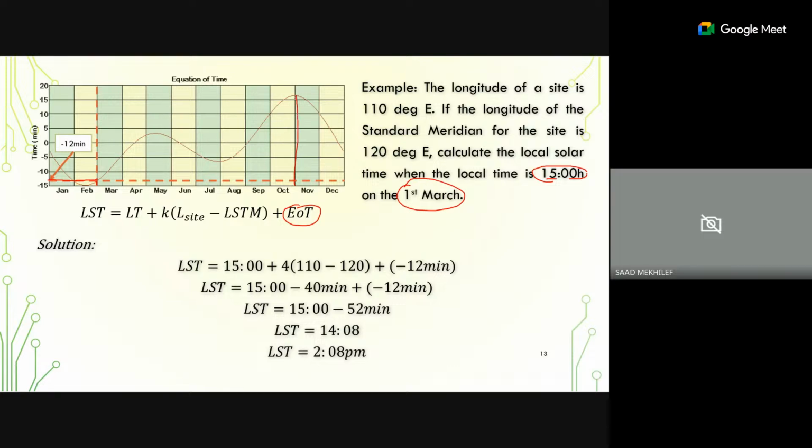And there is a formula actually for how to do it. So the value is around maybe 16 or 17. All right, so actually the local solar time is 14:08 or 2:08 p.m. So actually it's not 3 p.m., but it is 2:08 p.m. So this is how we calculate the local solar time.